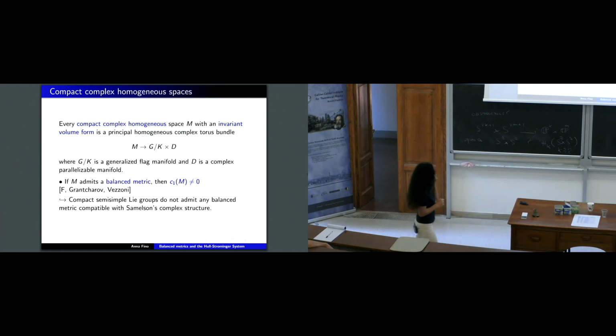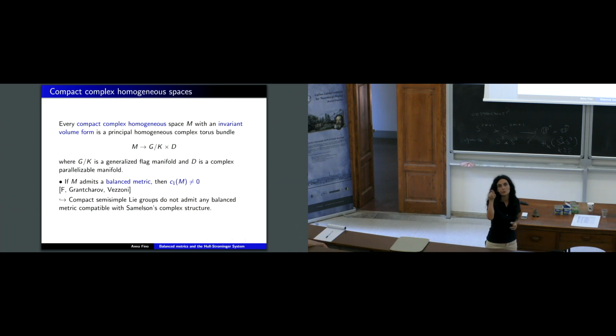We showed that with Grantcharov and Bazzoni. But so in particular, you can see that for compact semisimple Lie groups, if you take the Samelson complex structure, so you just choose a system of positive roots that gives you a complex structure, you cannot have such a structure on a compact semisimple real Lie group of even dimension.